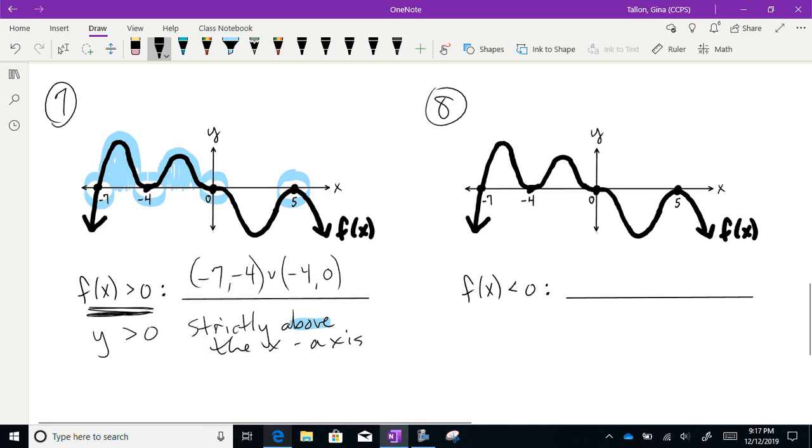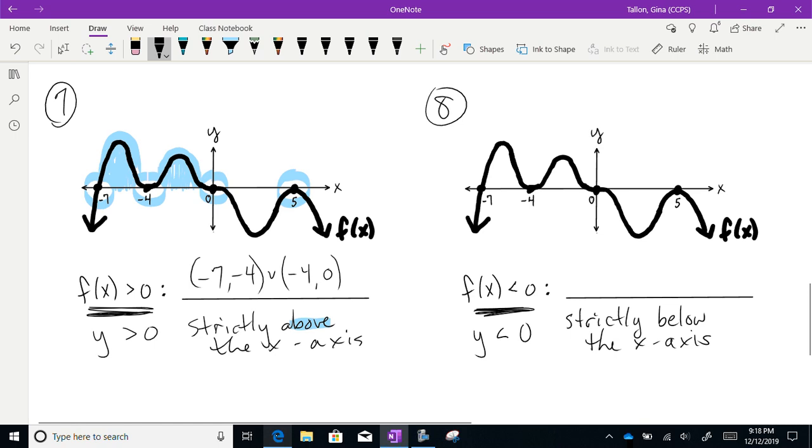Question number 8 now is looking to see where f of x is less than 0. That means my y values have to be less than 0, which means I'm dealing with strictly below the x-axis. And again, I cannot put solid dots on the x-intercepts because those points are where the y value equals 0, and I don't want it equals 0.